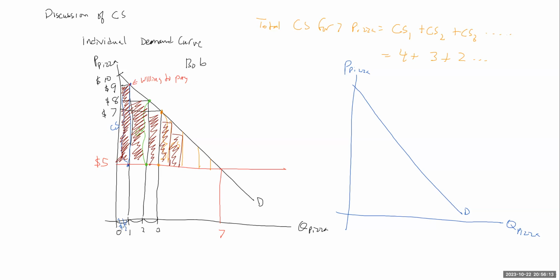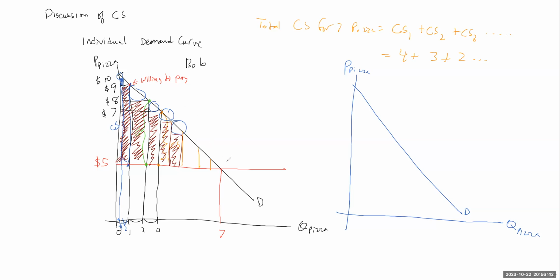And if you're allowed to buy a quarter of a slice of pizza, you could see that the horizontal distance gets shorter and shorter, right? And these triangles that we are not measuring, they disappear.